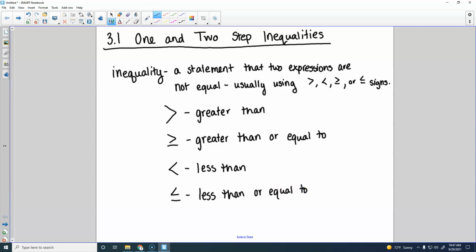So I need you to be able to read this off to me out loud by saying x is greater than 5, right? Not the alligator's eating the x. That's not very mathematically correct. It's still a good thing to help you remember stuff, but you need to be able to know what these are, so make sure you know.